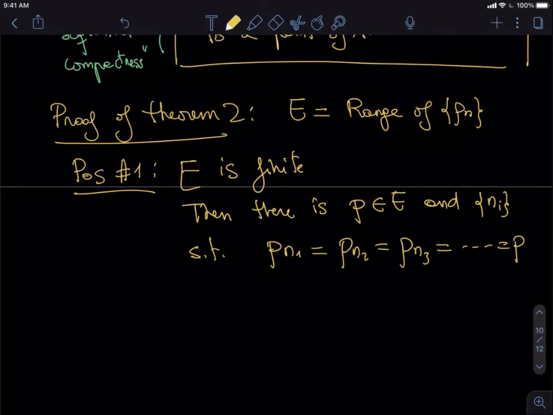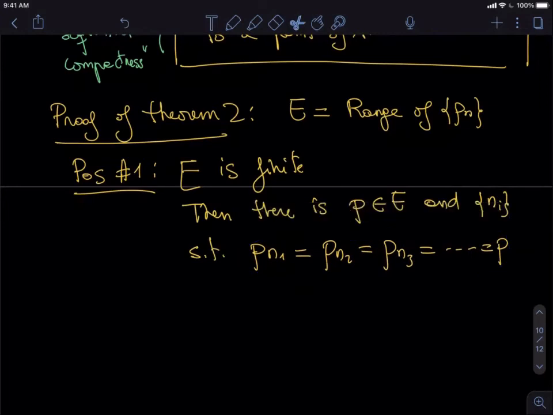If the sequence is jumping among finitely many choices, at some point you need to pass through one of those choices infinitely many times because the sequence has infinitely many repetitions. So at least one of the points you will have to pass over and over. So that is going to be a limit point.